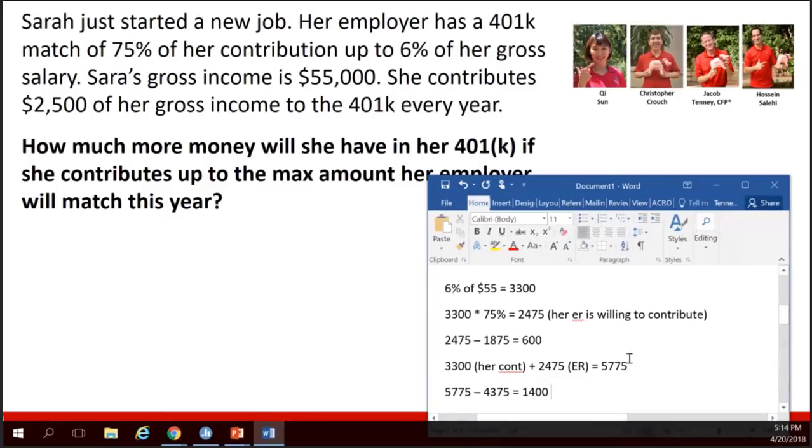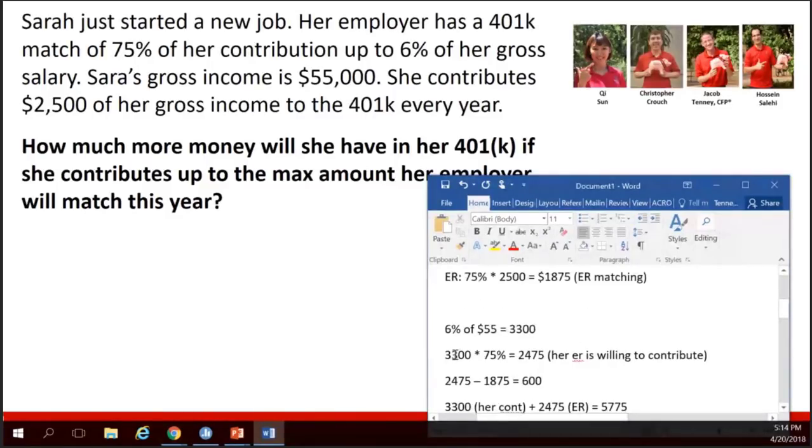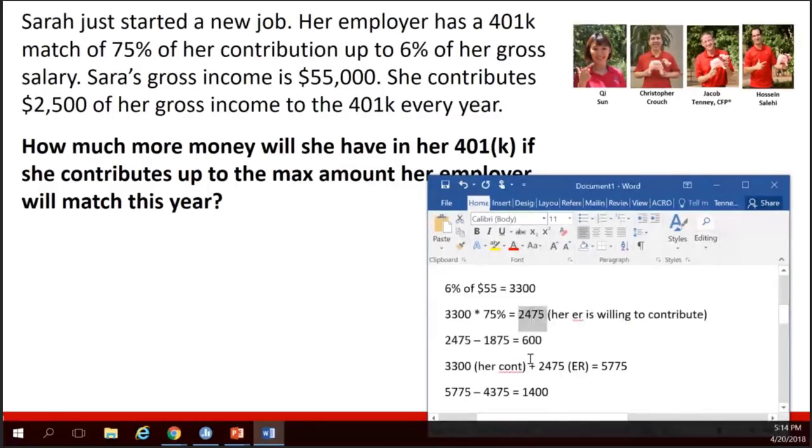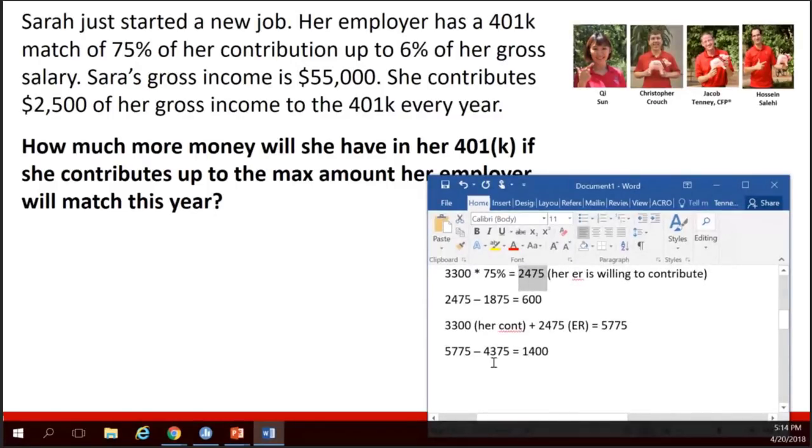All right. So in other words, if she saves 300 into her 401k account, then her employer matches 2,475, and then she will get 1,400 more than what she's currently receiving into her 401k account. Does it make sense? Any questions, guys?